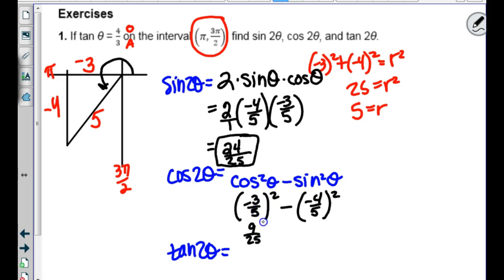Everybody good? Minus, what happens when you square this one? 16/25. What's 9/25 minus 16/25?